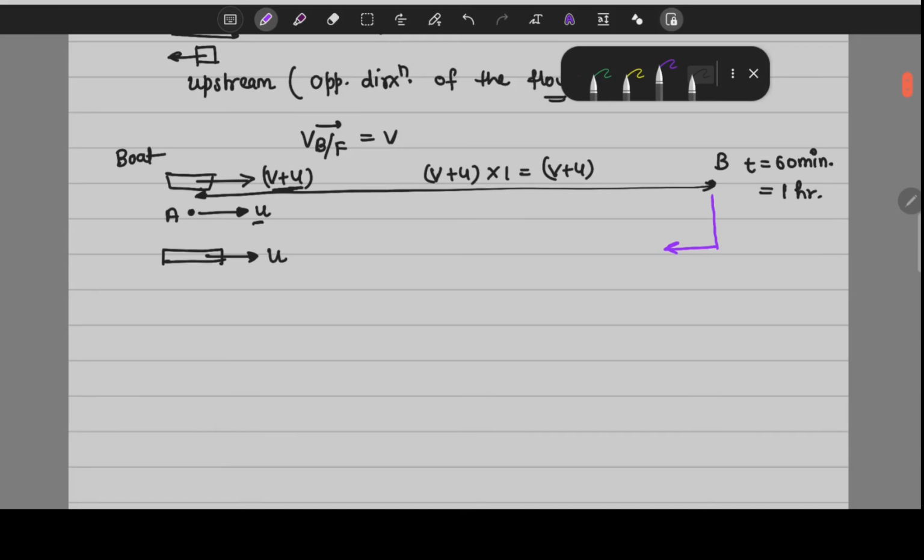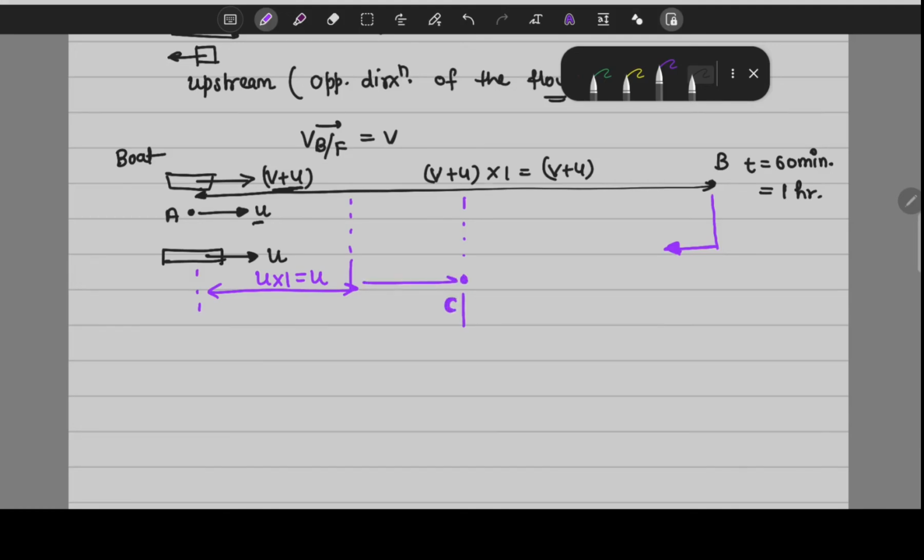Okay, so let us say at 60 minutes this raft has come till this distance. This distance is nothing but u into 1, that is u kilometer. And then at time t, the boat has traveled in this particular direction, so it will reach to this particular point, let's say at this point.